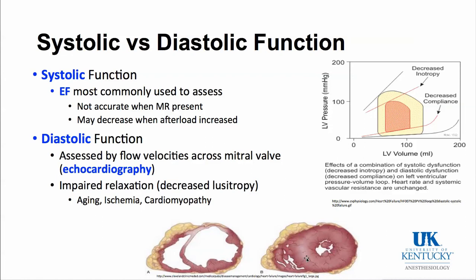So up at the top right, if you look at this pressure volume curve of volume on the x-axis and pressure on the y-axis at end diastole, represented here and here, that end diastolic pressure is a reflection of diastolic function. For example, if there's a high LVEDP and a small heart, that's classic diastolic dysfunction.